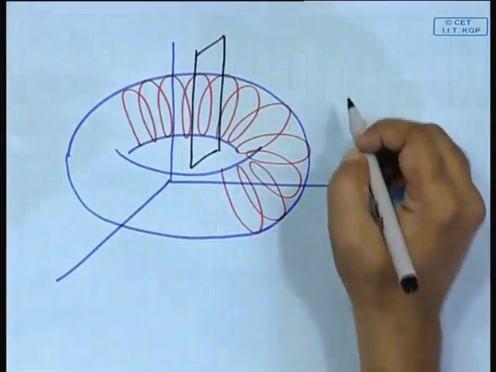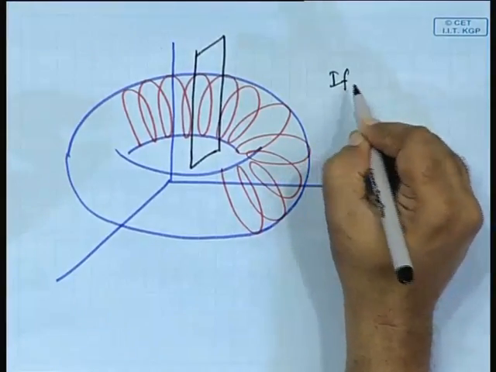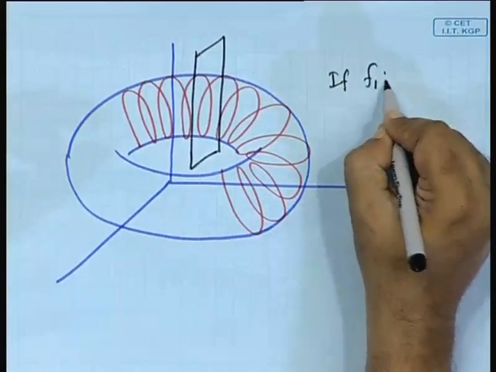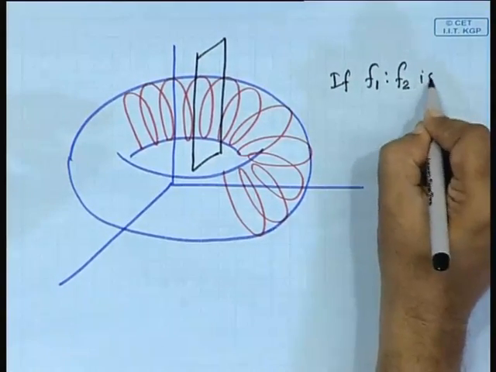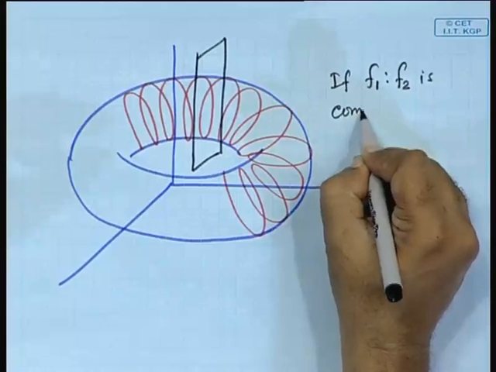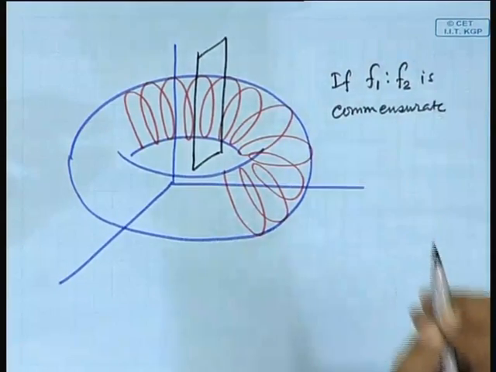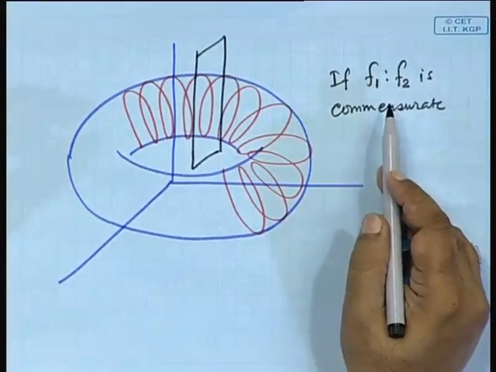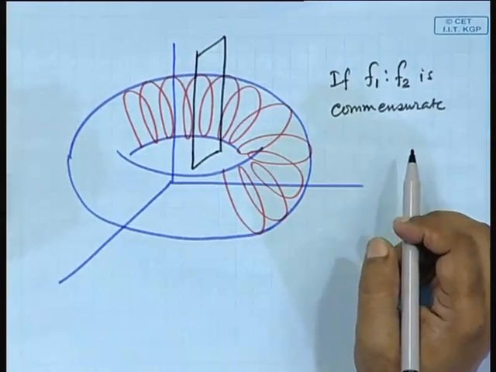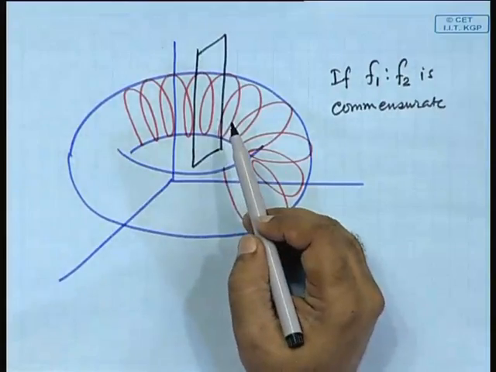Okay. So, if f1 to f2 is commensurate, which means the ratio is a rational number, then you have a finite number of points.